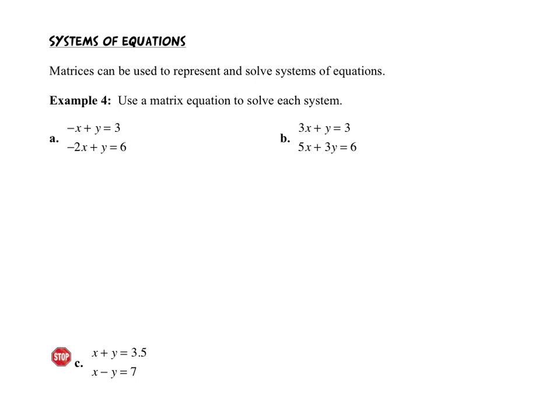The last part of this lesson is systems of equations, and matrices can be used to solve systems of equations, which gets really nice, especially if they're messy answers. And the way that works is the first thing you want to do is write yourself a matrix equation. So you're going to do matrix A times matrix X, and this is going to equal matrix B. Matrix A is your matrix of coefficients.